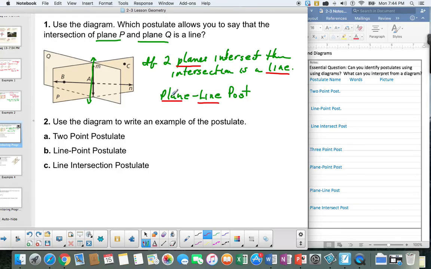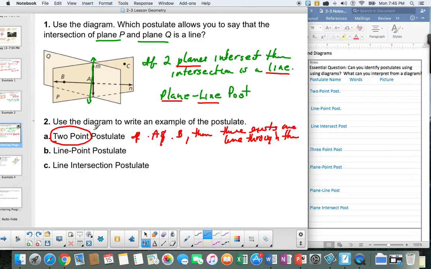Use the diagram to write an example of the postulate. This is the 2-point postulate. Start with 2 points: if you have point A and point B, then there exists one line through them.